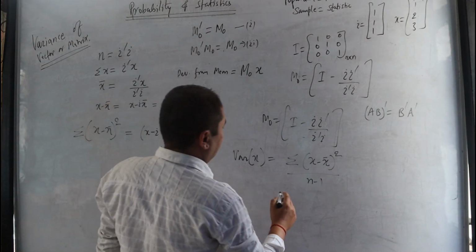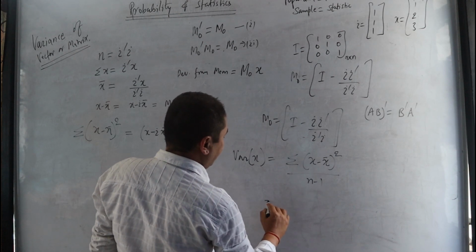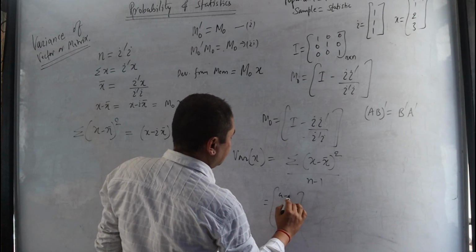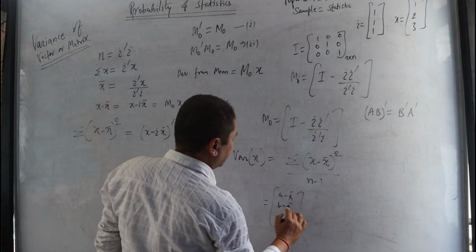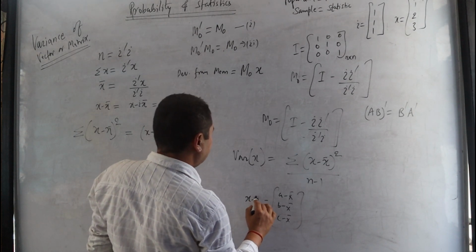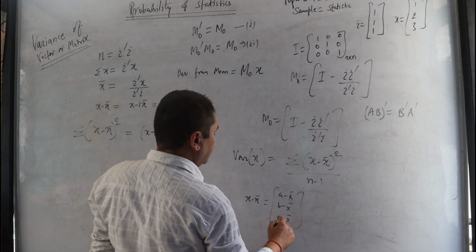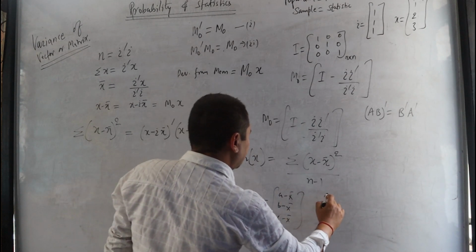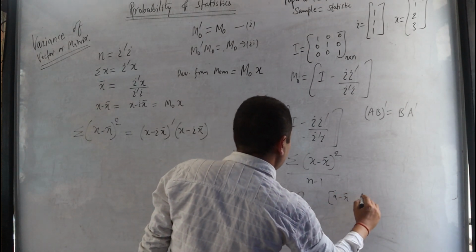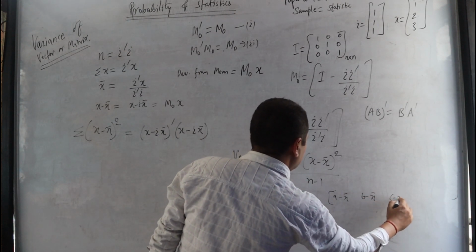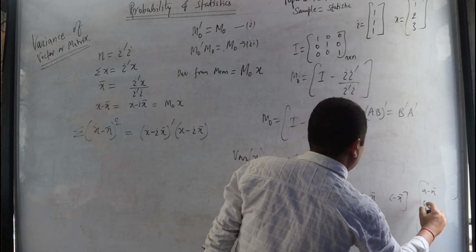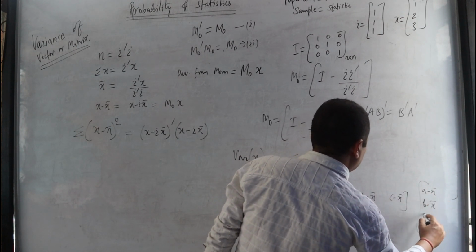Because if we have a vector of deviations from mean, let's write it as a minus x bar, b minus x bar, and c minus x bar, then to calculate the sum of its squares, we simply take the transpose of it and multiply it by the vector itself.